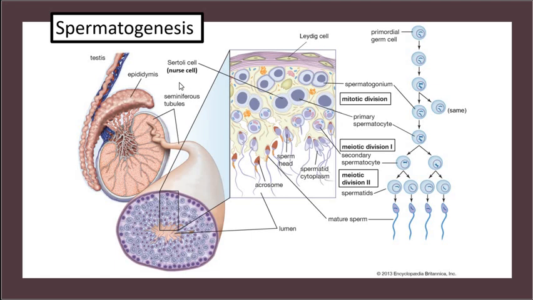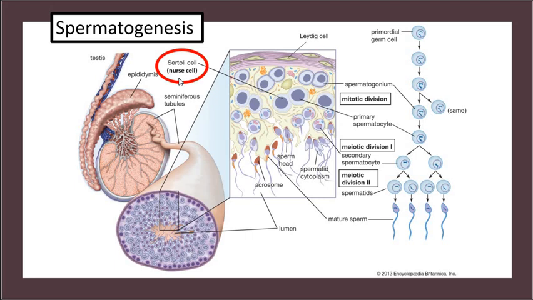Okay, the reason for that is because you have what are called Sertoli cells. And these Sertoli cells, capitalized, get to name it, is also known as a nurse cell. And the Sertoli cell's entire function is to produce the food and create everything that the sperm cell will need.